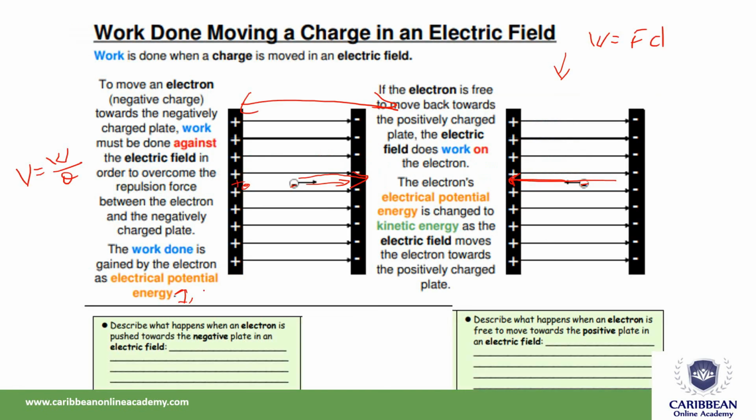If we go back to the diagram here, this positive plate has an electric potential, and this plate also has an electric potential as well. Now, an electric potential is just the work that is being done on the charge to move it from one potential to another potential.